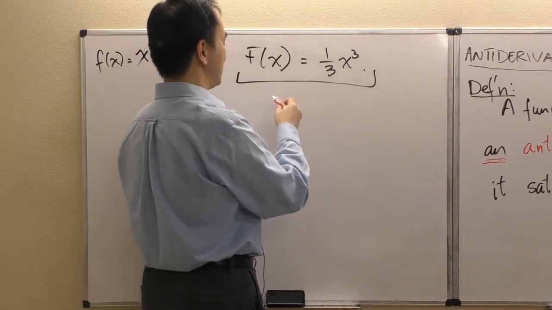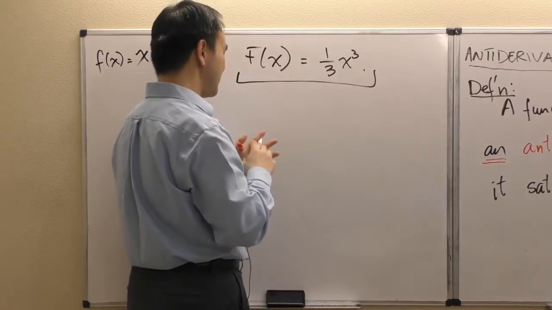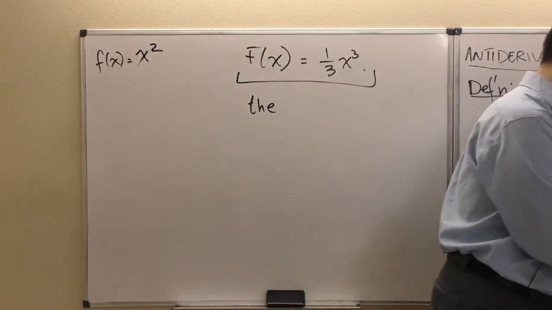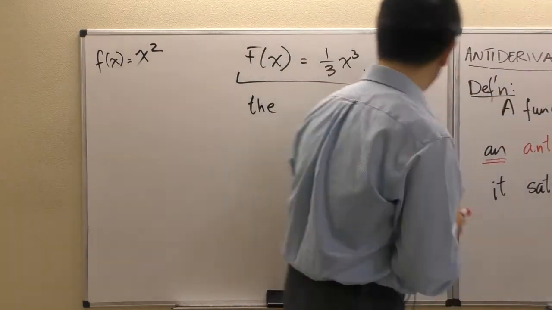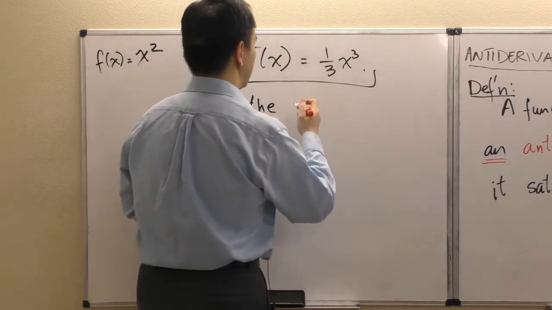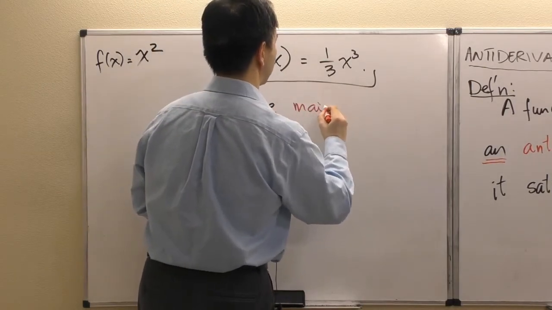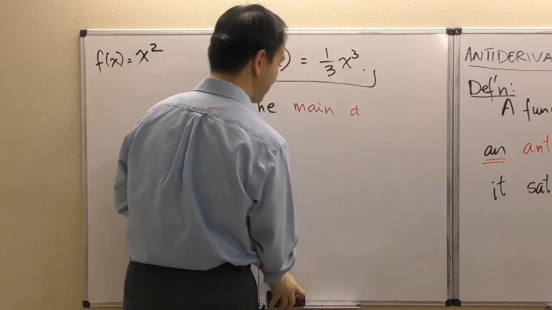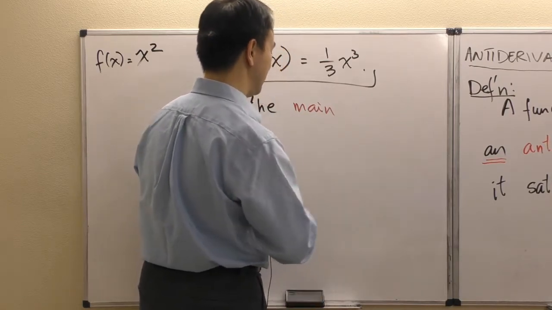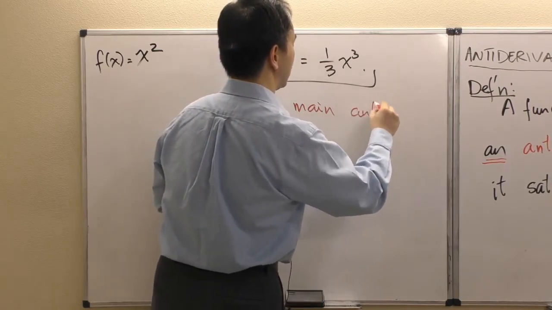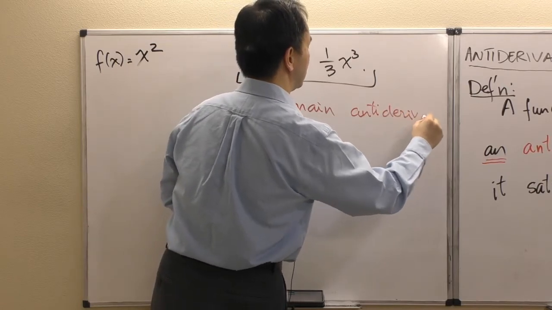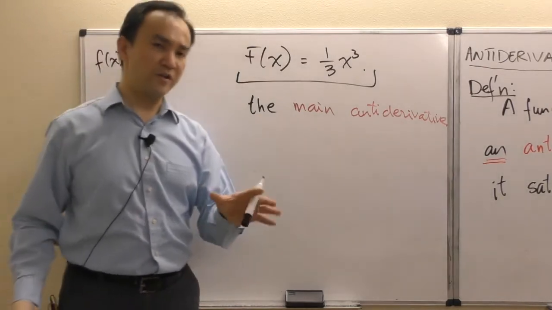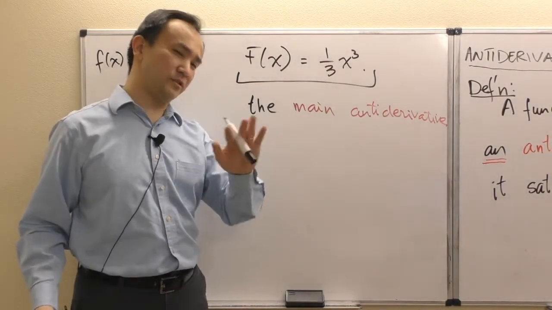How about the main? So this here we can call the main. Let me switch to a different red ink right here. So this is the main antiderivative. Now when you hear the term the main antiderivative, you know what I'm talking about.